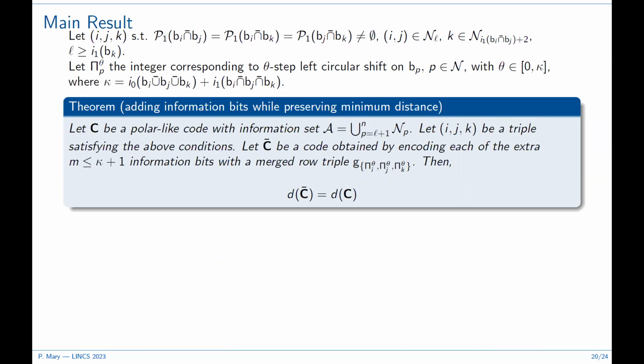So these two first results allow to prove the final results of the work, which is this one.